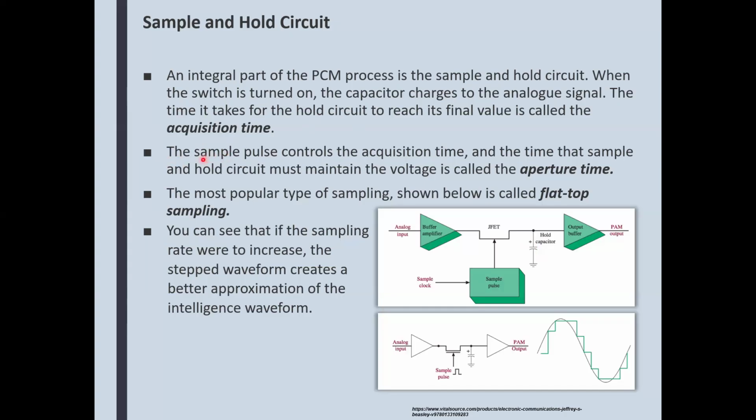The sample pulse controls the acquisition time, and the time that the sample and hold circuit must maintain the voltage. And maintaining the voltage is called aperture time, same as aperture in the camera.